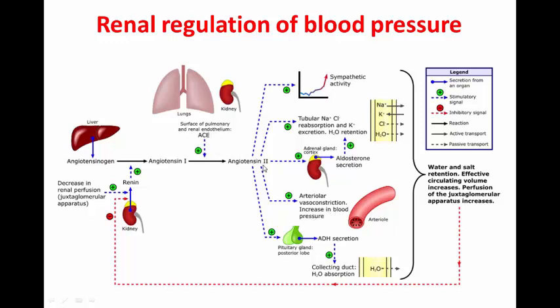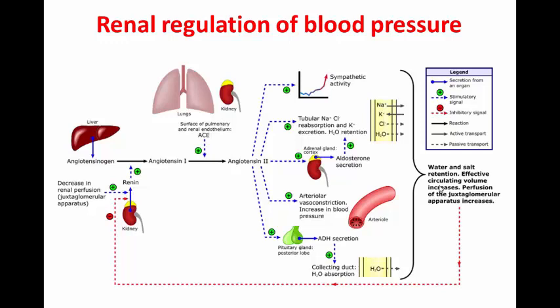Additionally, angiotensin 2 stimulates the release of antidiuretic hormone from the posterior pituitary, and the antidiuretic hormone, as we've just mentioned, acts on the collecting ducts of the nephrons, causing retention of water. ADH, which is the vasopressin, also causes arterial vasoconstriction. So the net effect of angiotensin 2 would be water and salt retention, hence the effective circulating volume increases, elevating the cardiac output and elevating the arterial blood pressure.